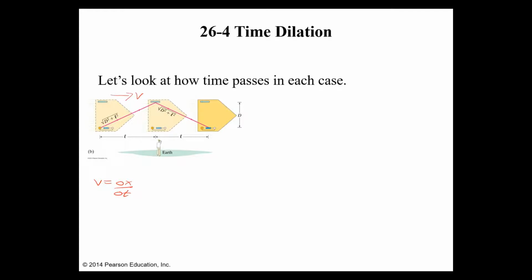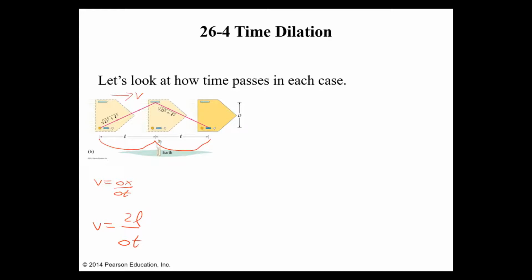There are now two velocity equations that we need to look at. One is the velocity of the timer, and two is the speed of the light itself. So the velocity is going to be some distance. It goes this distance L twice, and then it goes over some time. We're going to call that delta t.